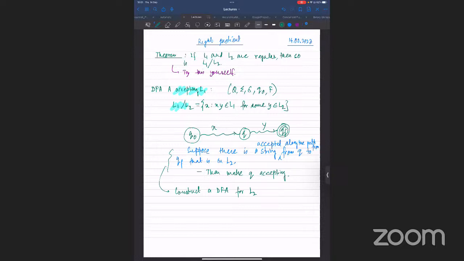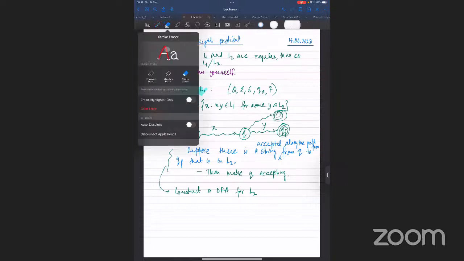Sorry? You'd run L2. I don't understand this thing. I mean, you can have several such paths, right? The Q can be here. So I have fixed my Q for now, and I'm going to do this for every Q. And there can be another QF also here, right?